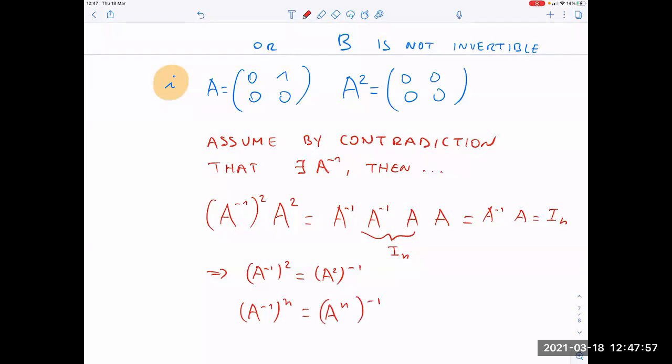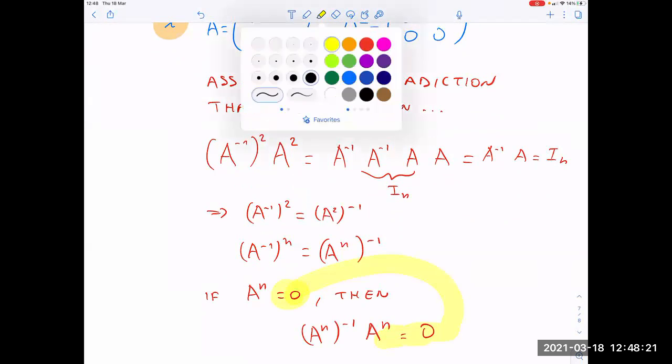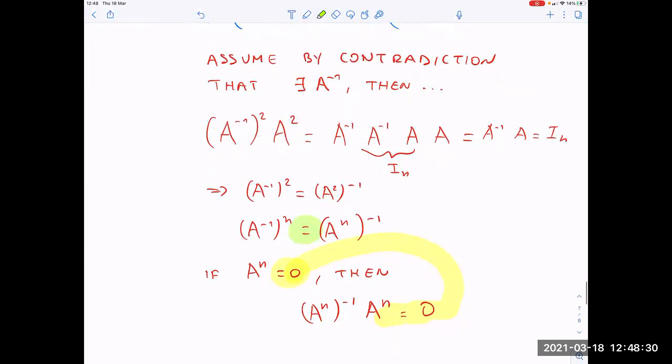Or in general, A minus 1 to the power n is the inverse of A^n. So if A^n is equal to 0, then A^n to the power minus 1 times A^n is equal to 0 because it's written here, right? But it is also written here that A minus 1 to the n is equal to the inverse of A^n.